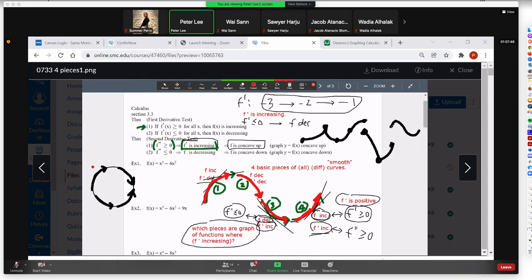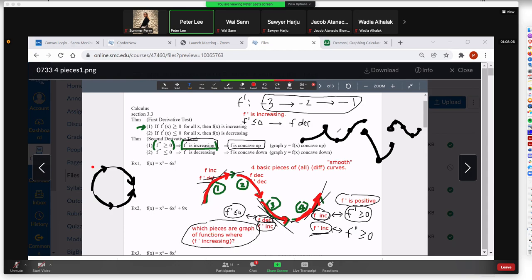Then from here to here, and then from there to there, and then to there, and then to there. So this big curve I've drawn right here, this black curve, is 1, 2, 3, 4, 5, 6, 7, 8, 9, 10.